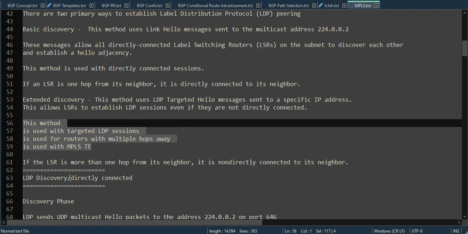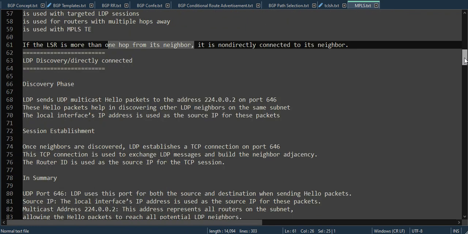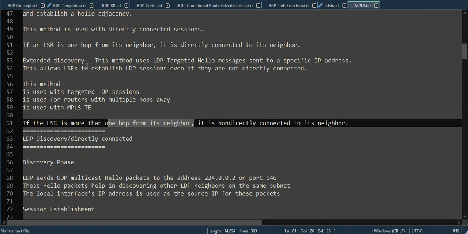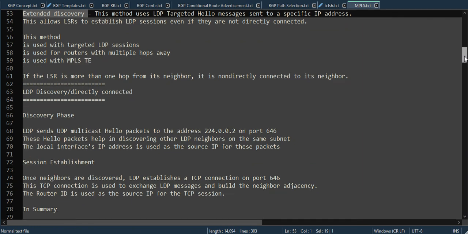If an LSR, P or provider router, is more than one hop away from its neighbor, it is not directly connected to its neighbor. Then it uses extended discovery for LDP peerings.